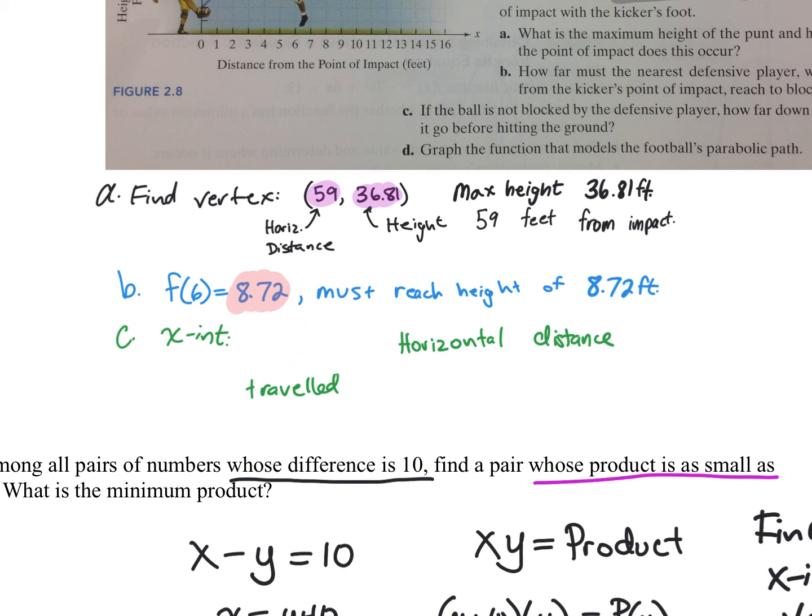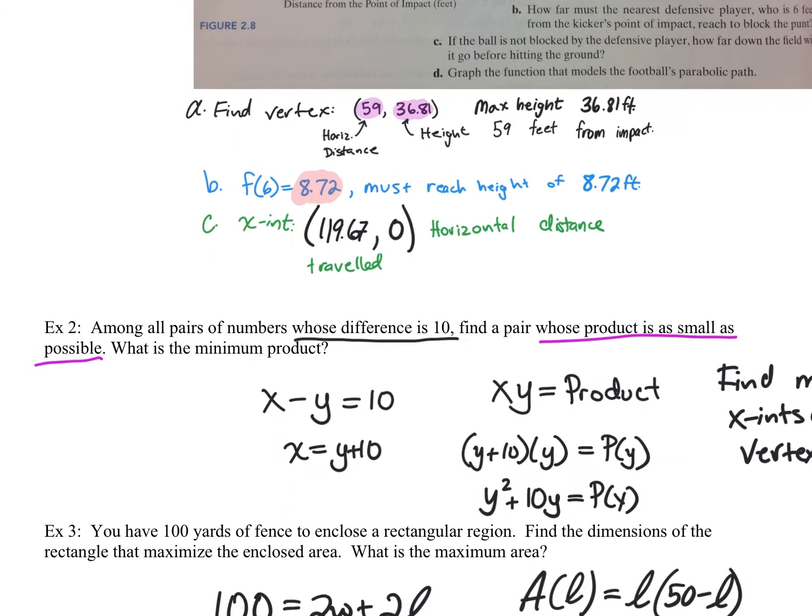Our coordinate here would be an x-intercept, so our height, our y value, would be 0, and our horizontal distance would be 119.67 feet. So the x value here is the horizontal distance traveled, and the y value, 0, tells us that we're looking for an x-intercept.